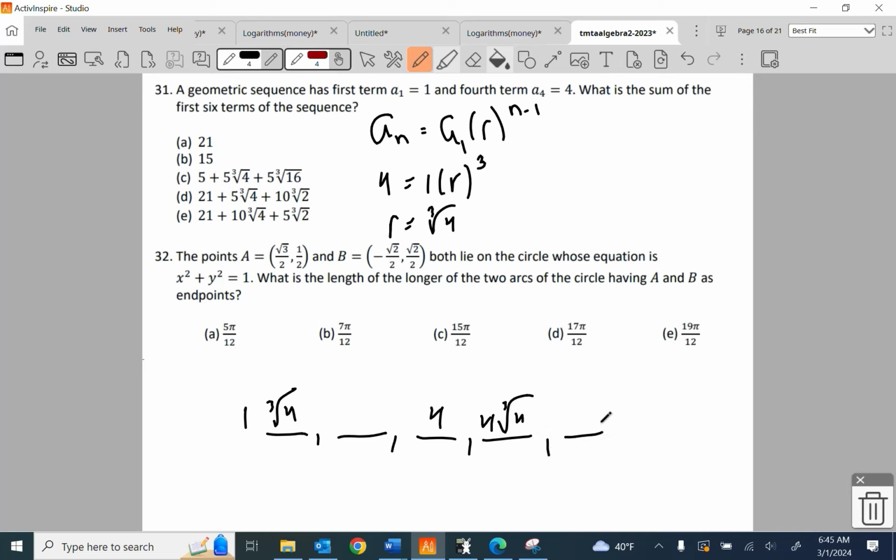And the next term is going to be 4 times the cube root of 4 squared, which is 16. Then you add them all together. 1 and 4 makes 5. You see that? That makes 5.